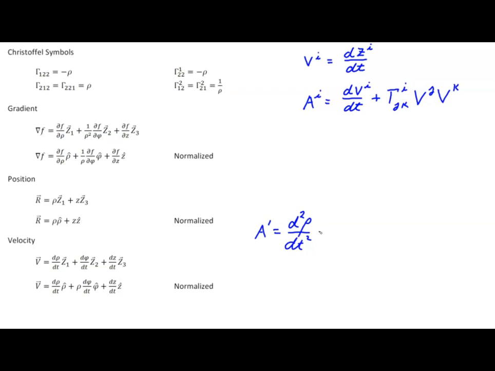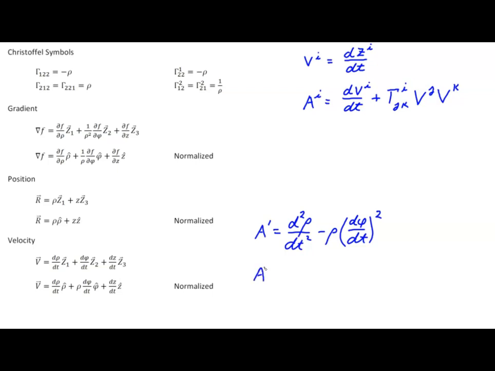Only one of those, minus rho. And the lower indexes are 2 and 2, so it'll be V2 and V2. V2 is d phi dt. We've got two factors, so we'll square it.